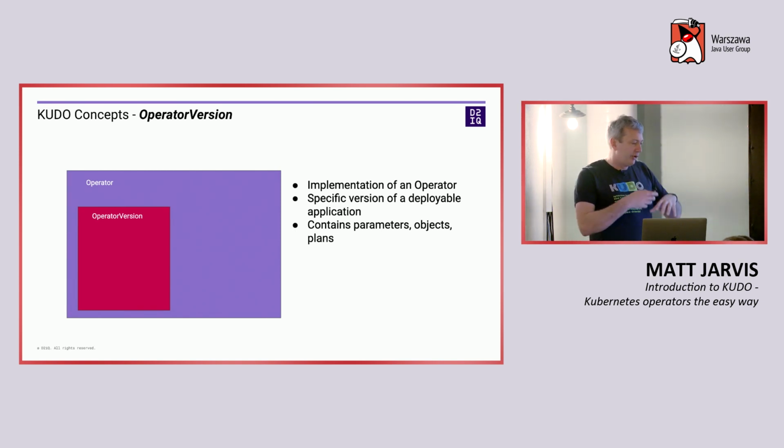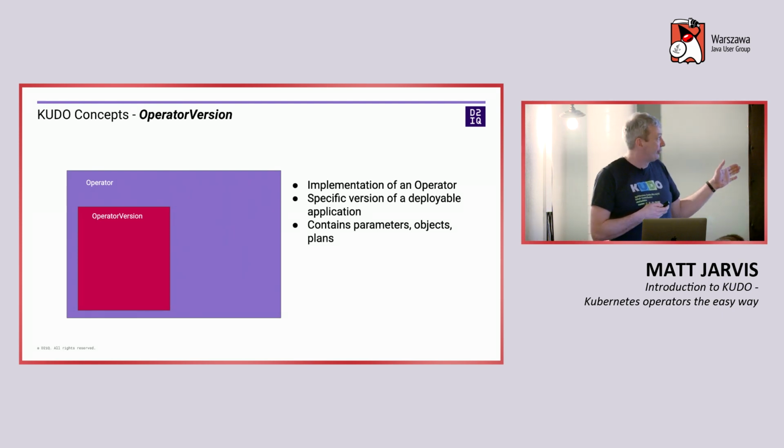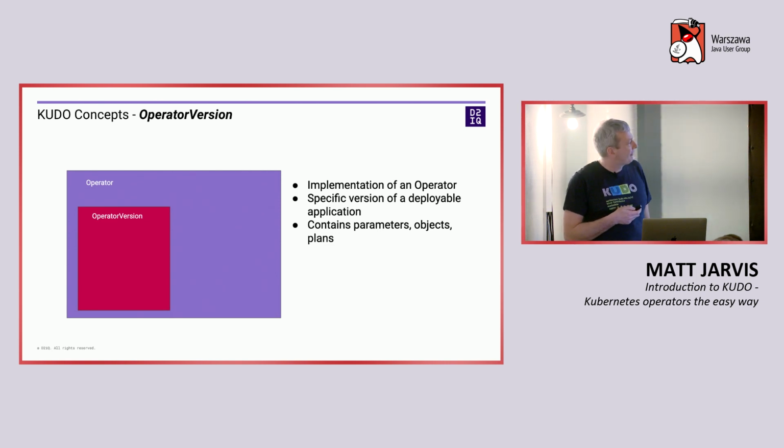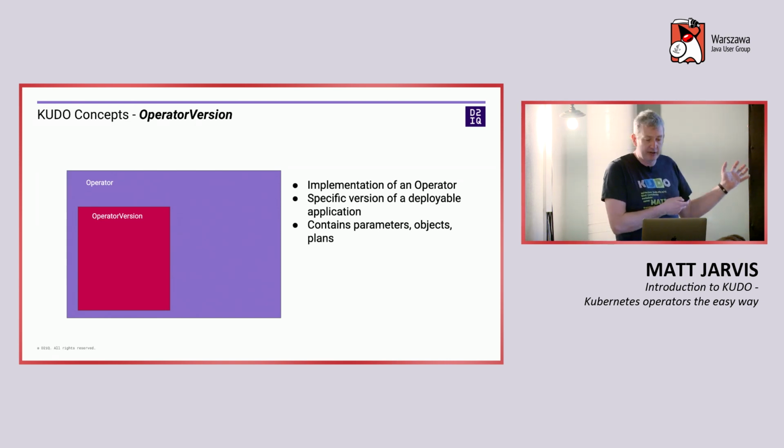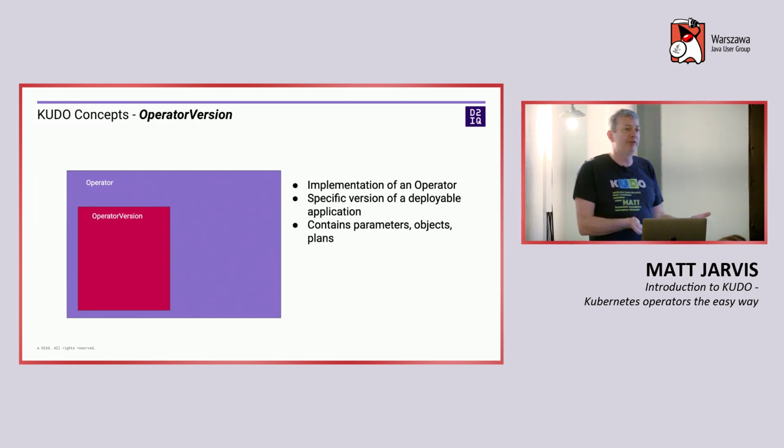It contains all those runbooks, all the objects, all the parameters for that operator, but for a specific version of that deployable application. So the purpose of it really is to provide KUDO with all the details it needs to become an operator for a specific capability, say Kafka, but also for a version of Kafka.